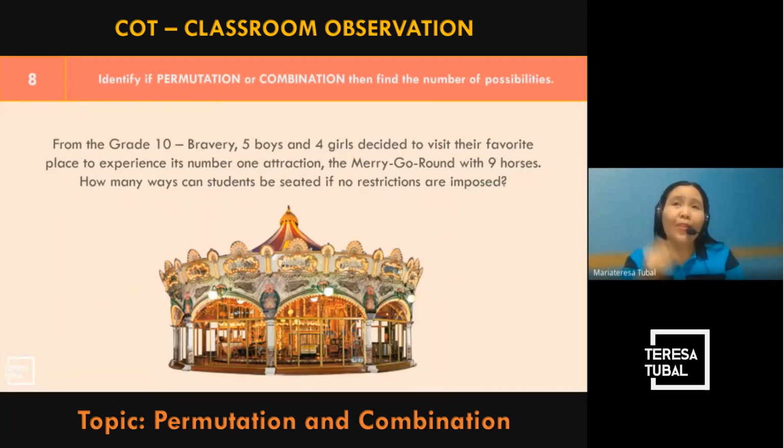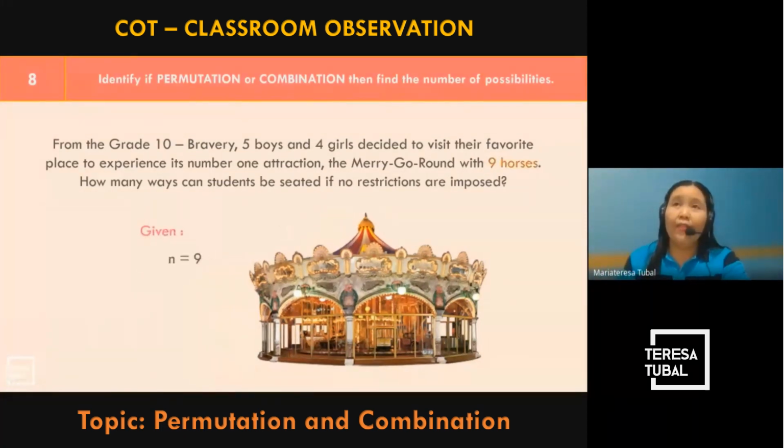So, what is the important value for the circular permutation? N or R? N po. Okay. If N is equal to 9, can you replace the value of N in the given formula for the permutation? Can you remember the formula for the circular permutation?